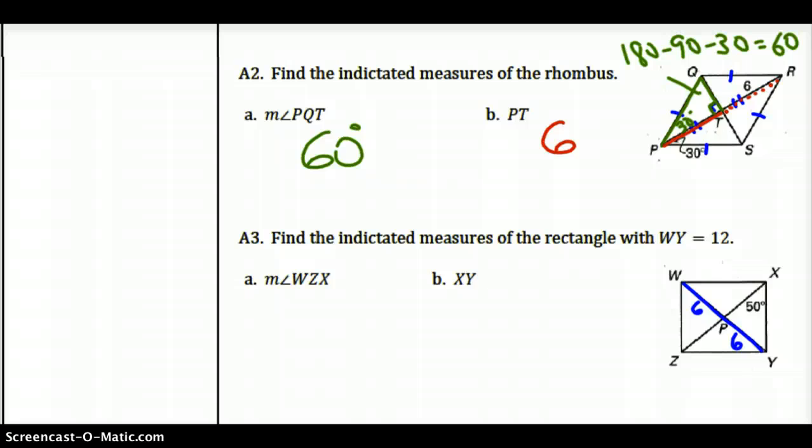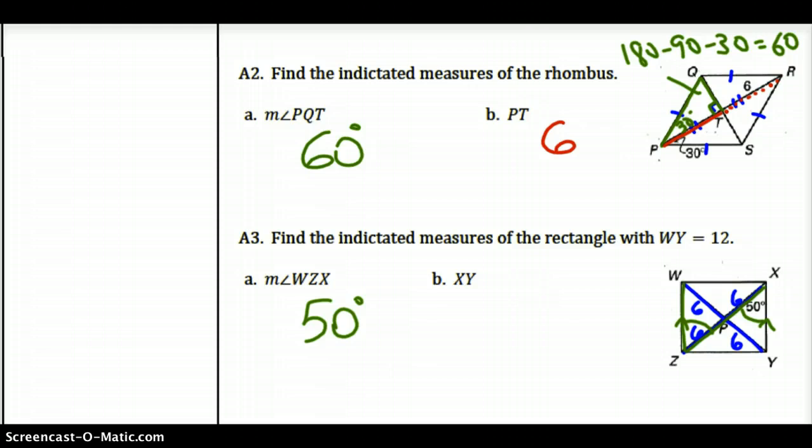That also means that this is congruent as well, so these are both 6. The first question is what is the measure of WZX? WZX is going to be that angle. These are parallel, so this angle will be the same as this angle. So I will say 50 degrees.